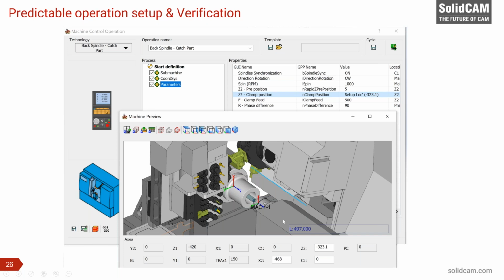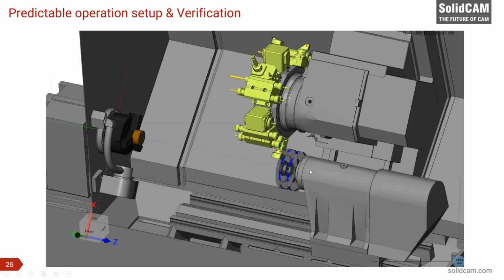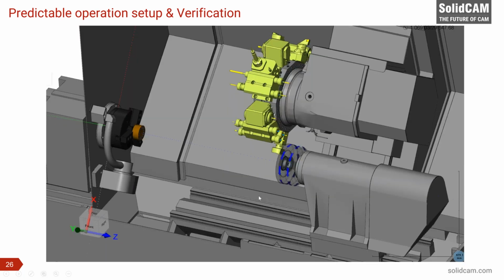We need to move the back spindle towards the part, and we need to know for sure where it will clamp our stock, because all the system will rotate, synchronized, and so on. And we can check this with machine preview. All these numbers will be shown inside the machine preview window. And the final verification comes from machine simulation.